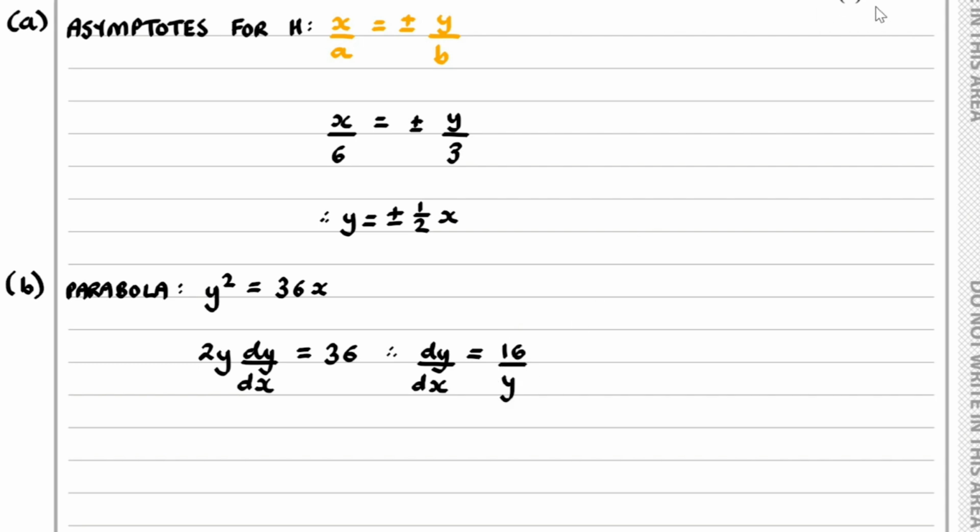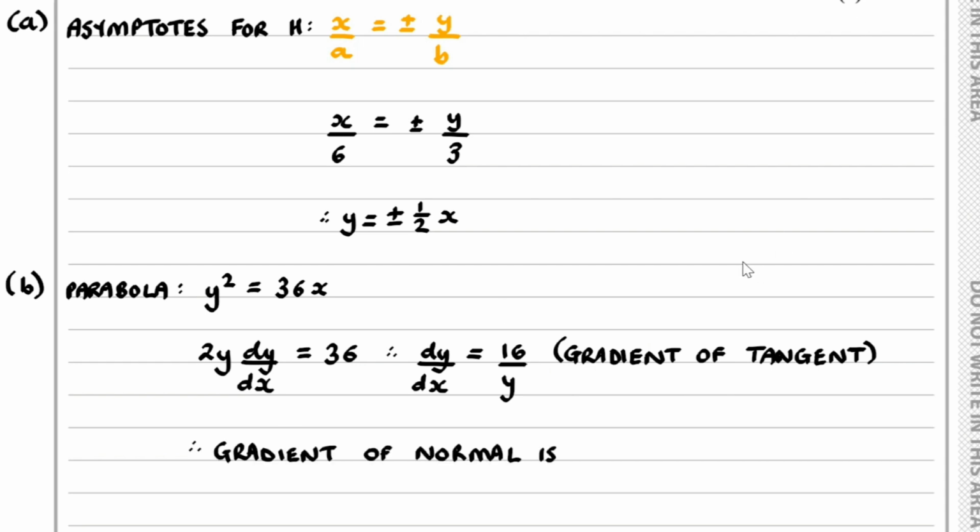This would represent the gradient of the tangent, and so the gradient of the normal is the negative reciprocal, which is minus y over 16.